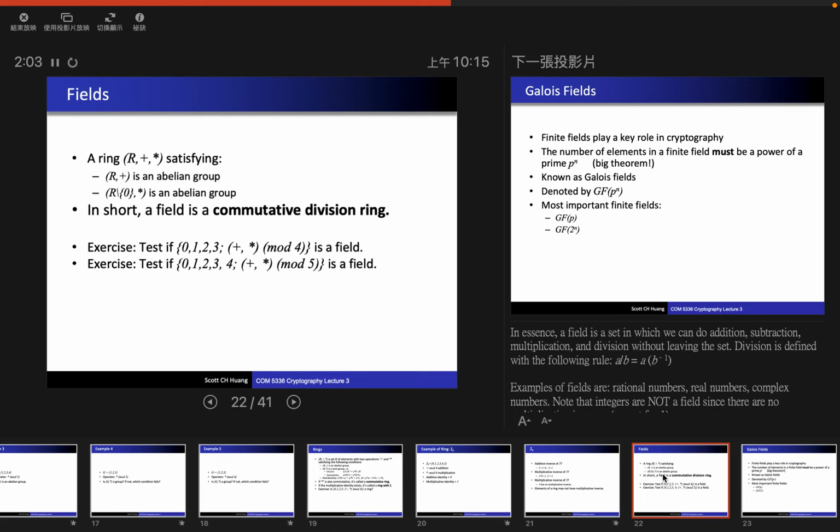Let me explain. The basic template is the set of real numbers. And then we also have the set of complex numbers. That's also a field. And we also have the set of rational numbers.